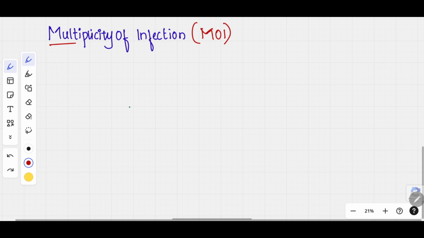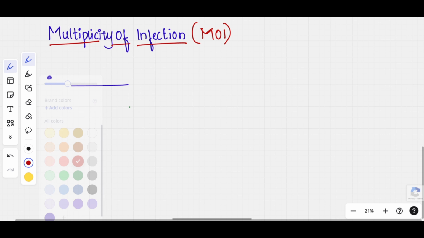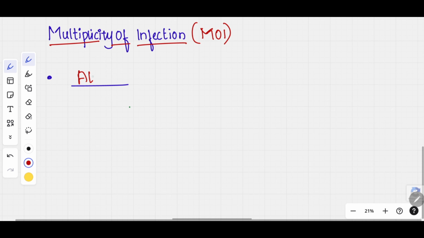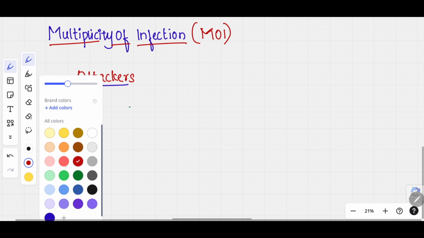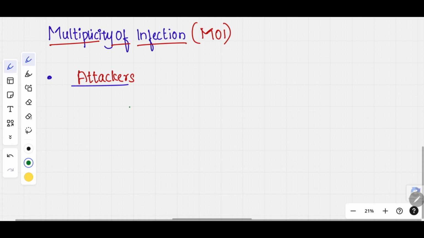Now what does the term multiplicity of infection mean? This simply means that it is a simple ratio. It's a ratio of what? It is the ratio of the attackers, let us call them attackers, versus what?